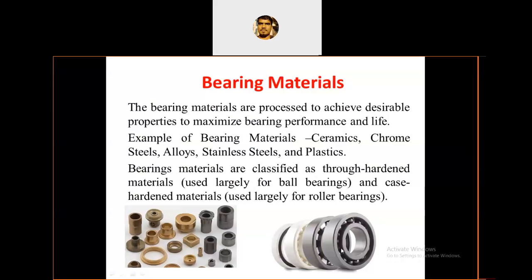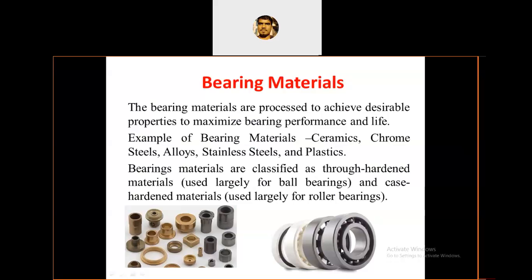You can use wood as a bearing material. But what happens? The cost is very low. Wood has very low strength and it easily catches fire. So these are some advantages as well as disadvantages. Based on the applications, we have to select a proper bearing material for manufacturing of bearings.